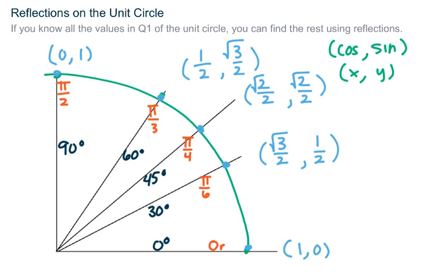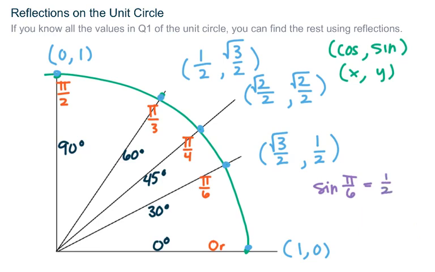So the reason this is useful for us is because, if I said, hey guys, tell me what sine of pi over 6 is. Here's pi over 6. There's my point. Sine is the y value, so it would be 1/2.